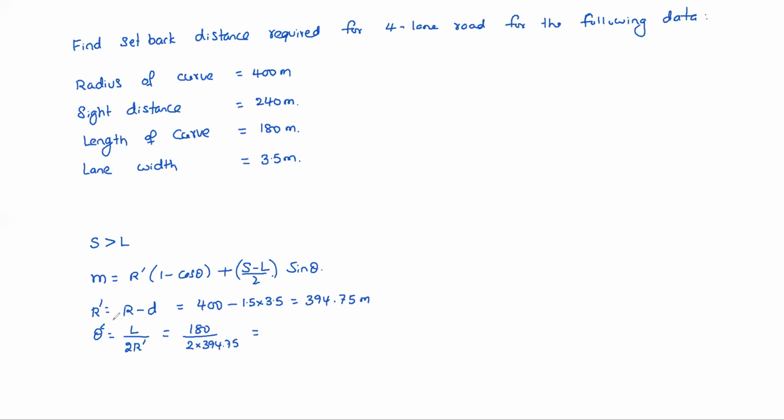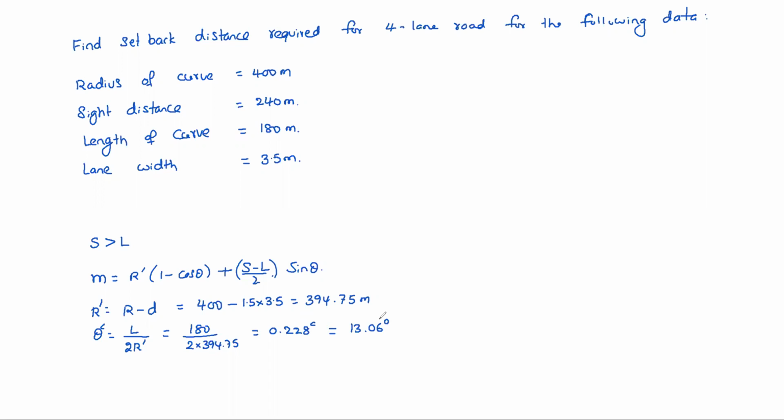That you will get in radians. 180 divided by 2 into 394.75 is 0.228 radians, which when multiplied by 180 by pi is 13.06 degrees. Okay, that is the theta.